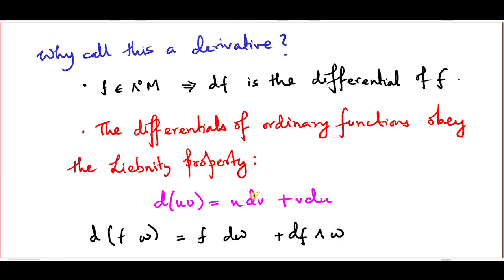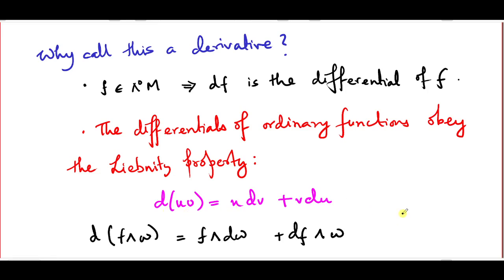In fact, it will look even more like this if you were to remember that if you are doing a wedge product between a function and a k form, that is simply the same thing as multiplying the k form by the function. So this is really f wedge omega, and f times d omega is also simply f wedge d omega. In this particular version, this formula looks exactly like the ordinary Leibniz property.